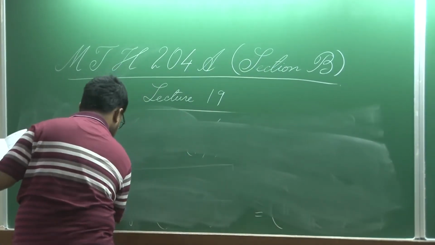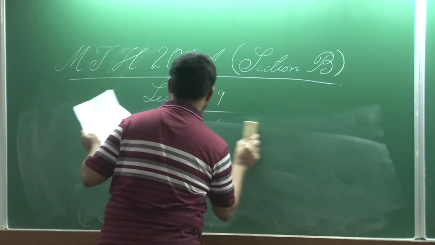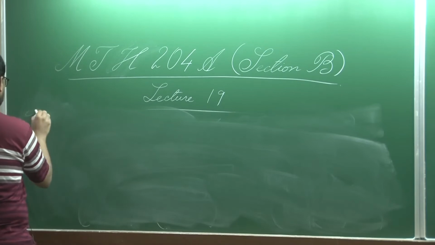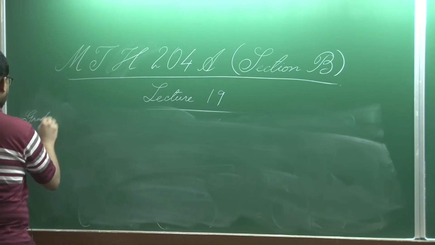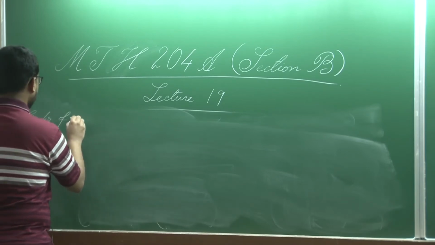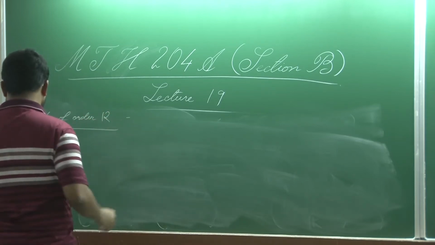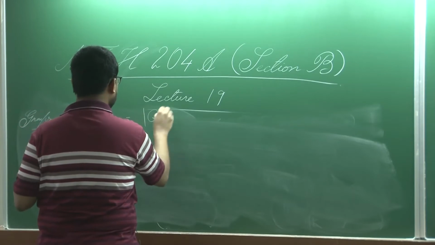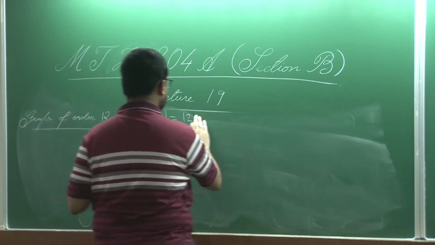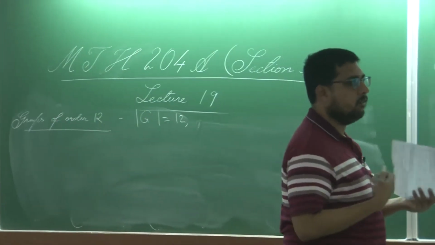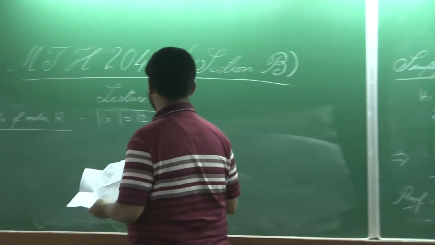So with groups of order 12, maybe we can finish. If G is a group of order 12, like earlier, the H and K that we are looking for will be the Sylow subgroups.